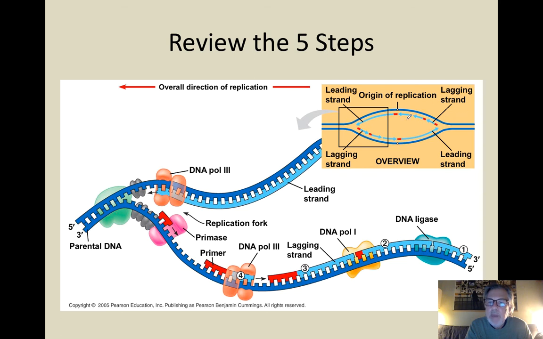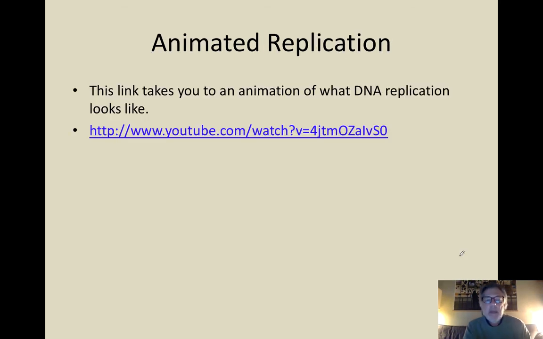And it won't be until it comes up to another one of these bubbles of replication that it will run into a piece of primer and therefore go through the DNA polymerase 1, DNA ligase situation at that point. There's the leading strand copied continuously, while the lagging strand is copied in segments. In class, we will watch this animation. I think you'll enjoy it.